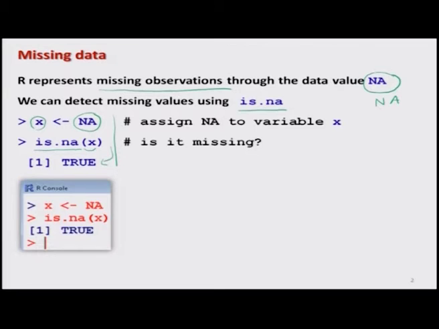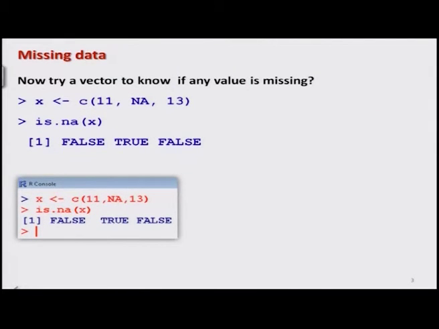So now let us try to operate this over a vector. I take 3 values: first is 11, second is NA, and the third value is 13, and I combine them inside a vector x. Now I want to check whether there are any values missing in x.